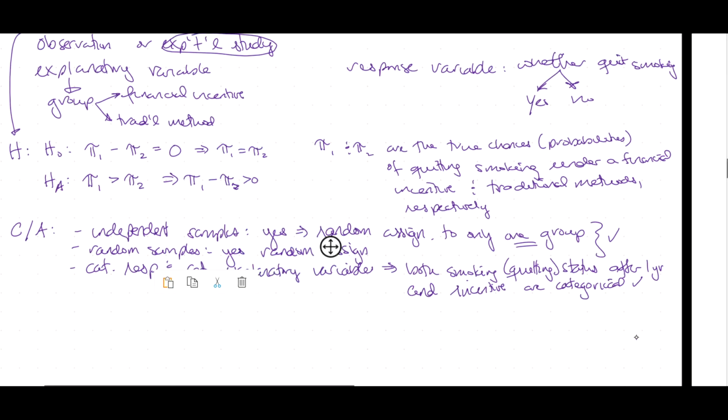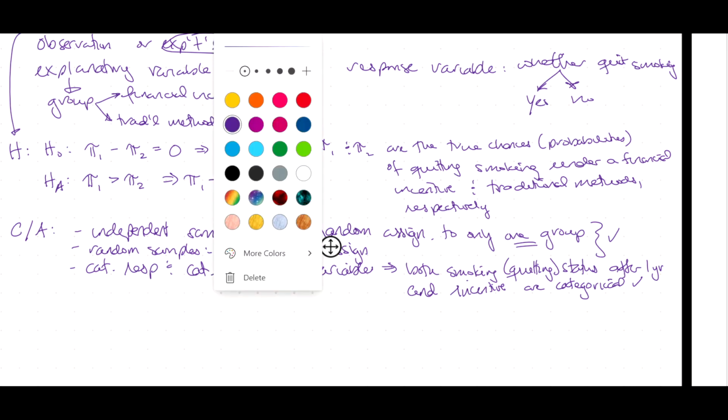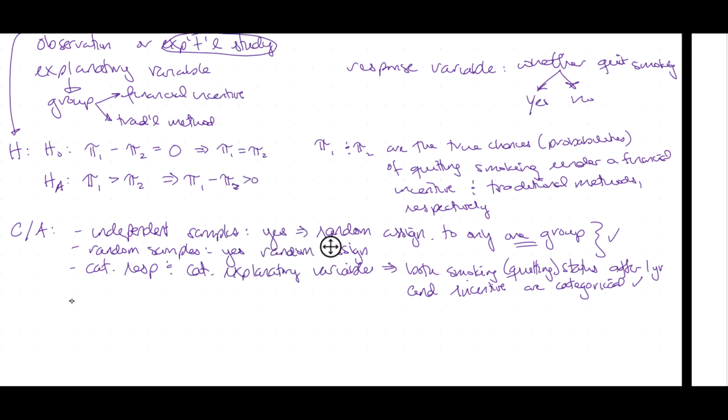The last condition that we have to satisfy, I apologize for all these pop-ups, but I'm not going to edit them out because I don't have time for that, is that we have a large enough sample so that there are at least 10 successes and at least 10 failures in each group. That is, we need at least 10 people to have quit smoking under the financial and traditional methods, and we need at least 10 people to have not quit smoking under the financial incentive and the traditional method.